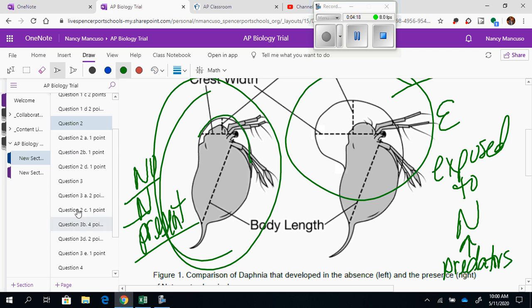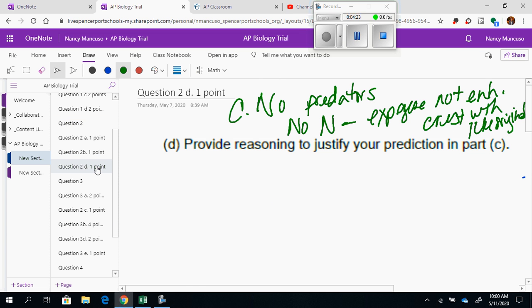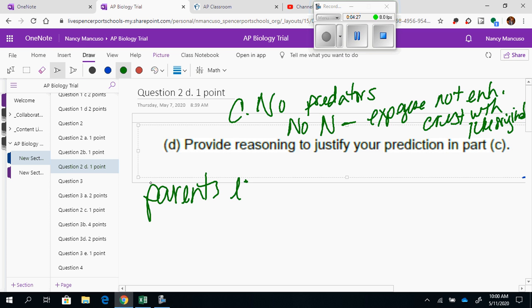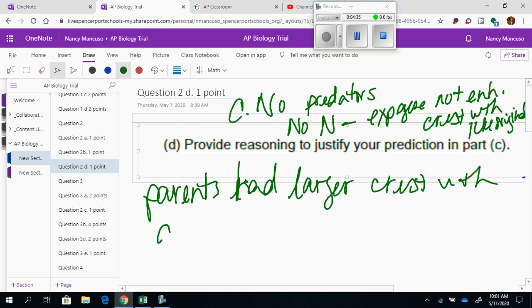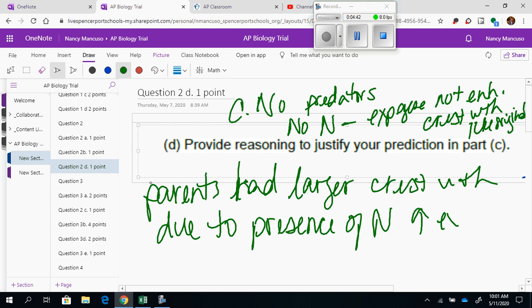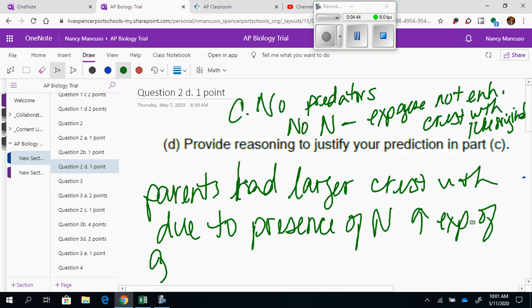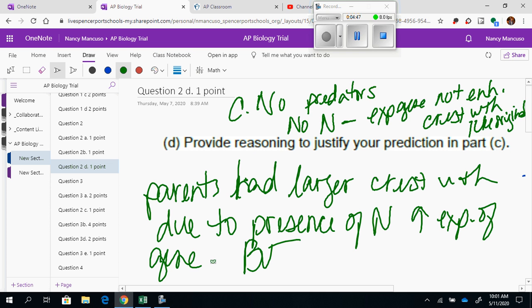Now, the explanation has to say that the parents had larger crest width and height due to the presence of N increasing expression of the gene, but the genome doesn't change.